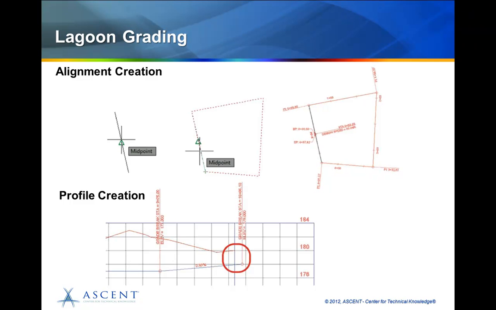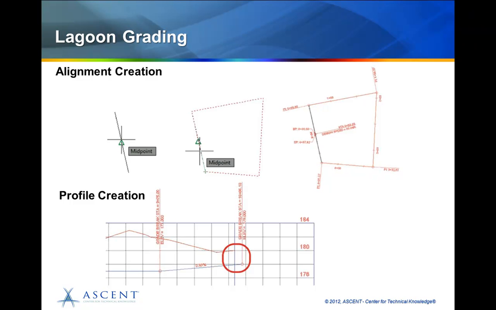The first secret is, if you're working with an enclosed area, making sure that you create the alignment properly. And I give a little tip in the book about using a line to actually go in and create that alignment. So you start with the midpoint of the line, go to the end point, wrap around the way you need to, and then go to the end point of the line and back to the midpoint, so that the beginning and ending stations line up on a straight line segment.